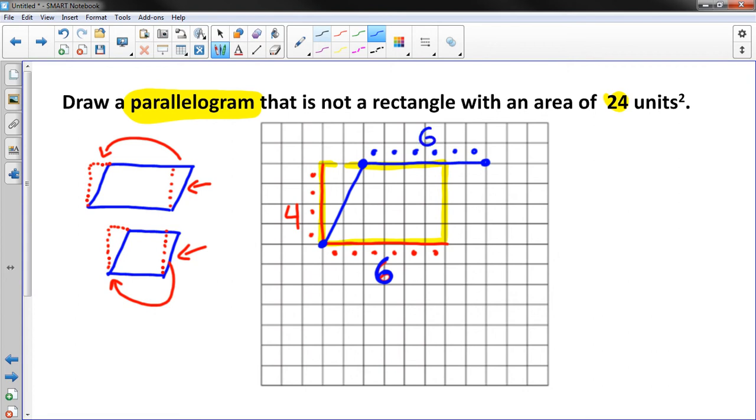And the top is 6. And then down below, 1, 2, 3, 4, 5, 6. My fourth corner is right there. And now I just connect them like that. And the inside of that parallelogram has an area of 24 units squared. All right, next.